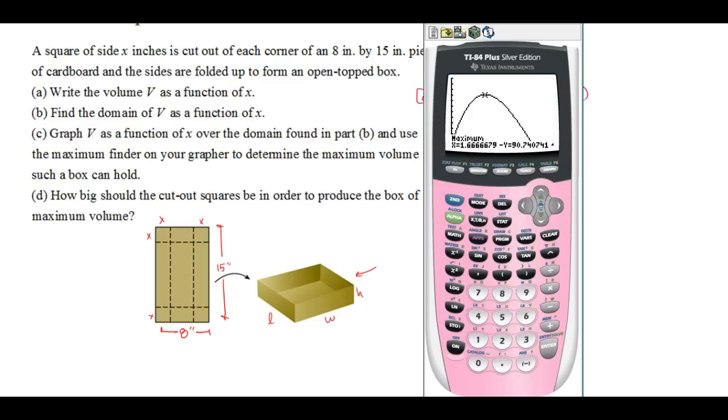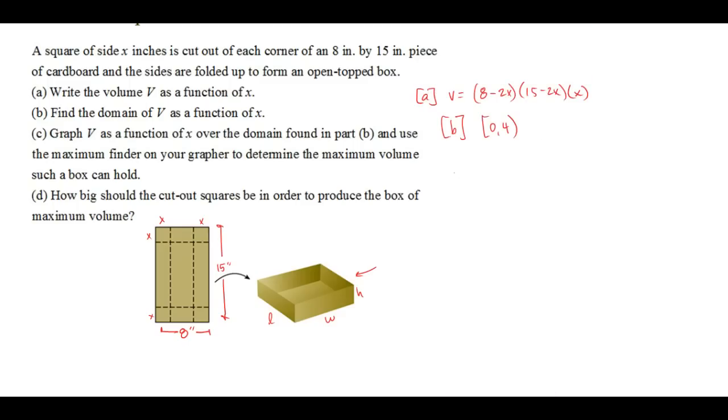Now, what do those numbers represent? It's when x is 1 2/3, it looks like, and y is about 90.74. So x is 1 2/3, and y was 90.74, I think I said. And so what is that? What do those two numbers tell me?